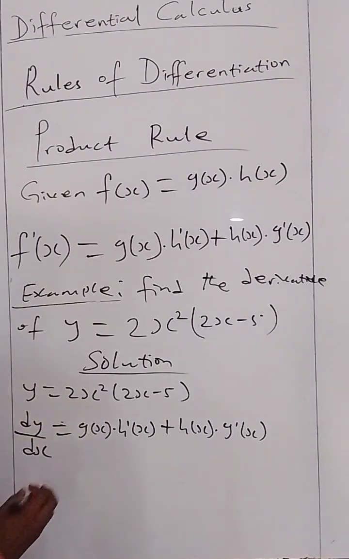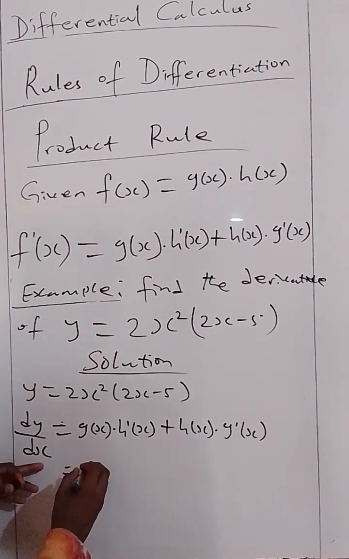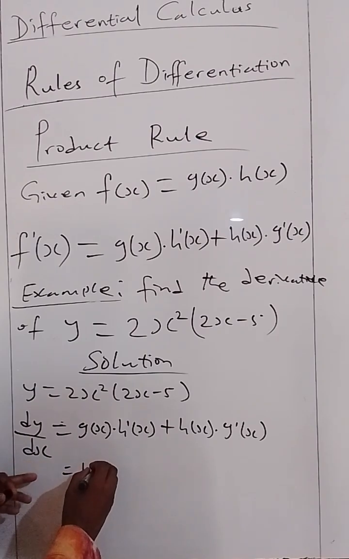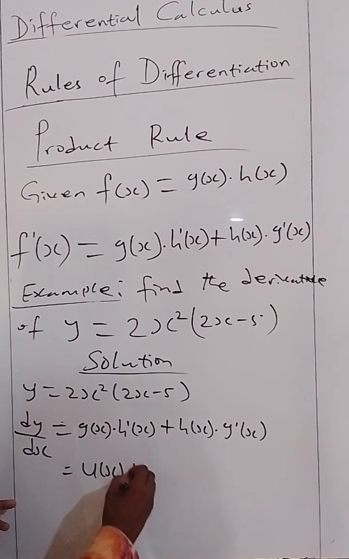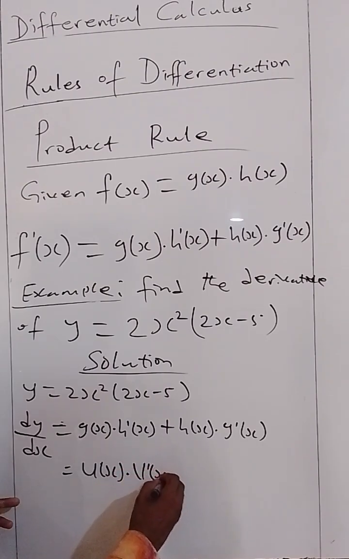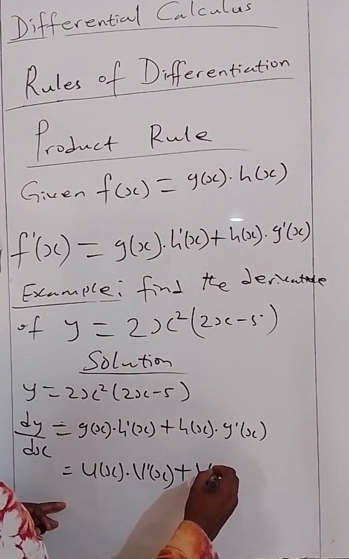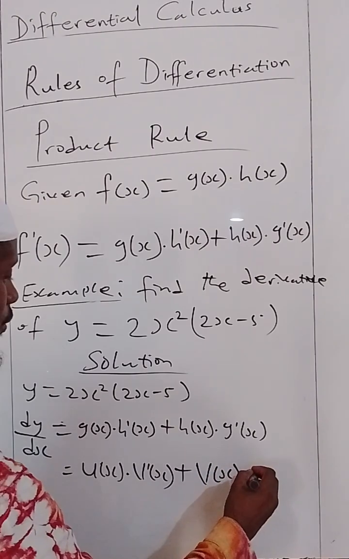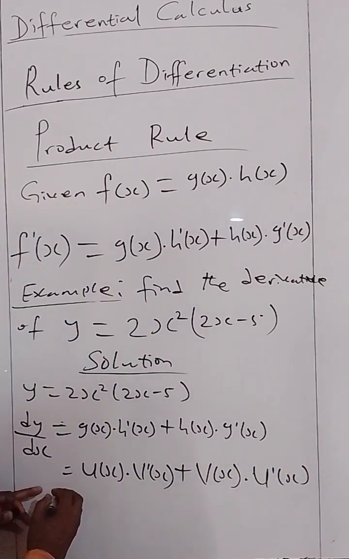So this is equivalent to saying u of x, then we differentiate v, then plus v of x, then we differentiate the first one.